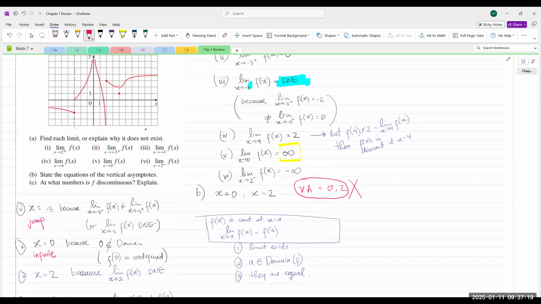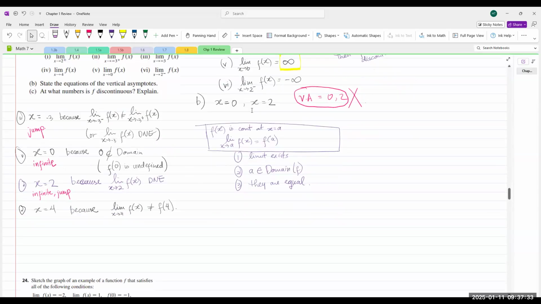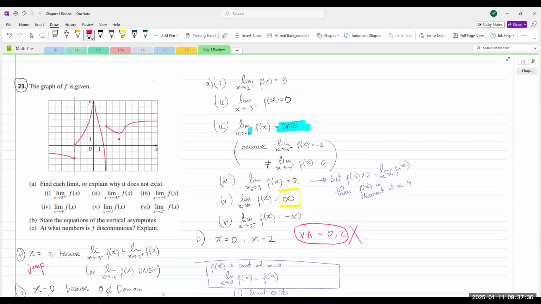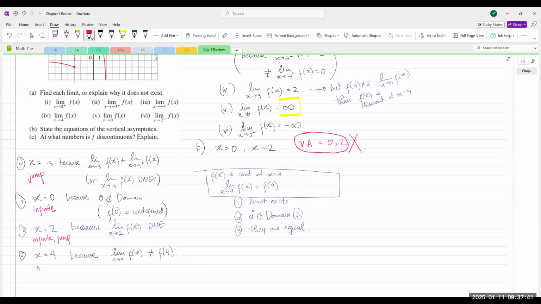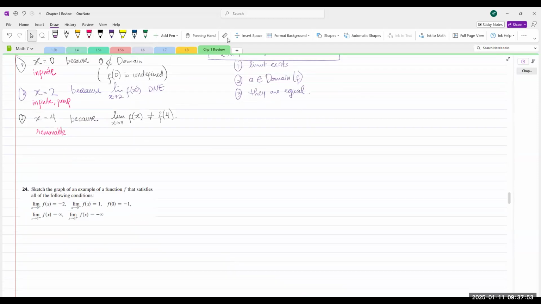When x equals 2, you can call that infinite discontinuity, or you can also call that jump discontinuity because the left-hand and right-hand limits are not equal. And the last one, at x equals 4, the limits exist but are just not equal. We call that removable discontinuity. Okay, that's for number 23.